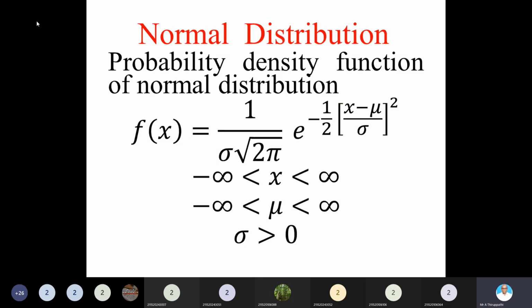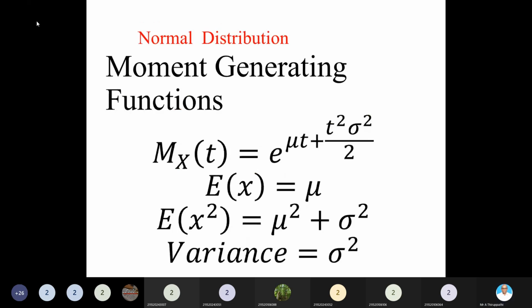Next, last one, normal distribution. Probability density function of the normal distribution, in the continuous case, f of x is equal to 1 by sigma root of 2 pi, e to the power minus 1 by 2 into (x minus mu divided by sigma) the whole square. x varies from minus infinity to plus infinity, mu varies from minus infinity to plus infinity, and sigma is greater than 0.